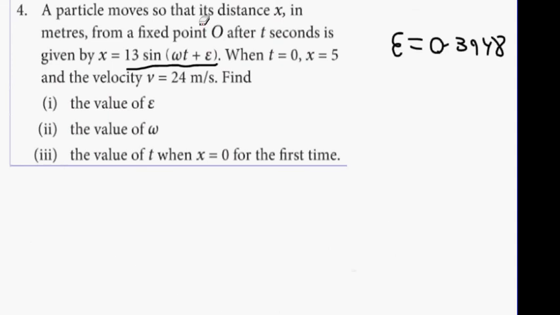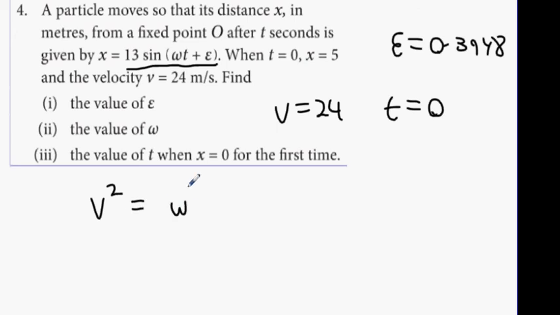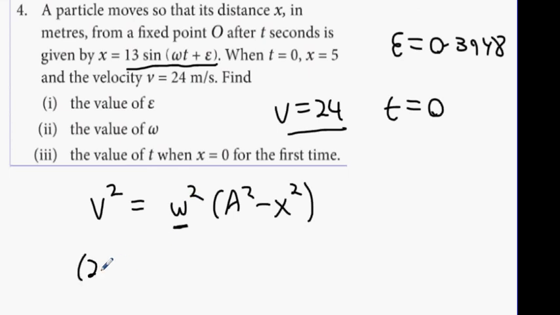So, we know that v equals 24 when t equals 0. We're going to use v squared equals ω squared times (a squared minus x squared). I suppose we'll use x because x is given as the displacement in the question. This links the velocity information directly to the ω information. 24 squared equals ω squared times (a squared minus x squared).